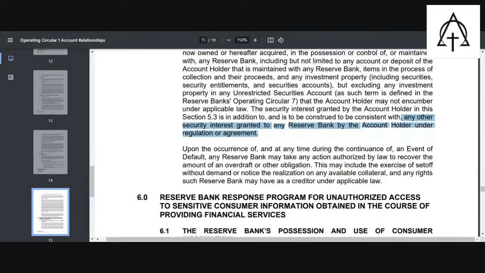That is Federal Reserve proprietary information known as a Federal Reserve routing transit number. Upon the occurrence of and at any time during the continuance of an event of default, remember what we read last night?